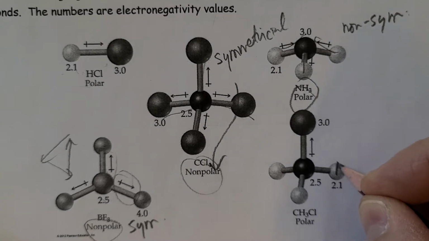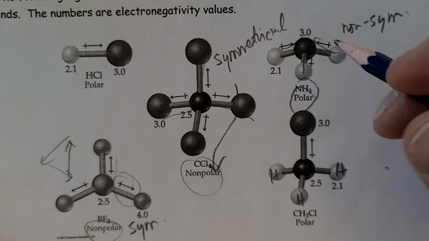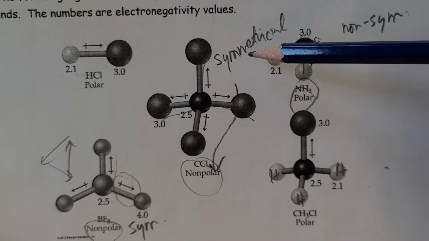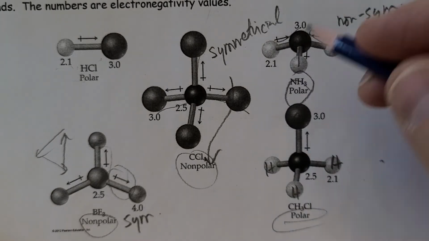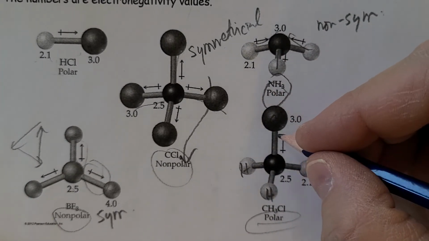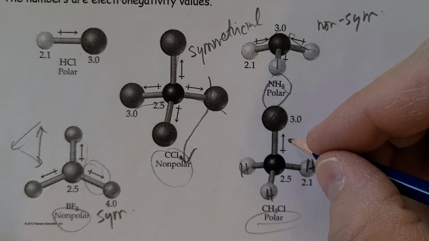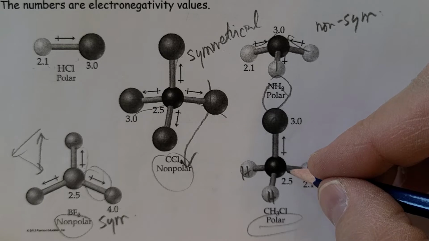CH3Cl. We have H, H, and H, and Cl. At first glance, you may say, oh, it's tetrahedral, it's symmetrical, it's nonpolar. But guess what? It's polar because the outer elements are not all identical. This one's Cl, which has a way larger electronegativity than carbon or hydrogen.